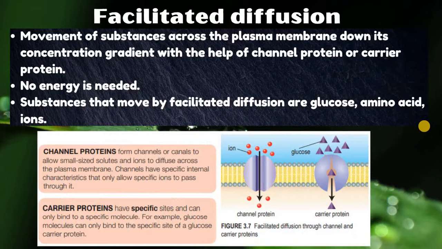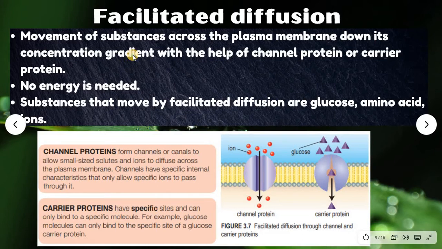Okay, next we go to the third type of passive transport, which is facilitated diffusion. What do you mean by facilitated diffusion? The movement of substances across the plasma membrane down its concentration gradient. What do you mean by down its concentration gradient?